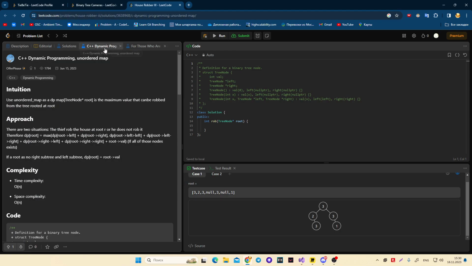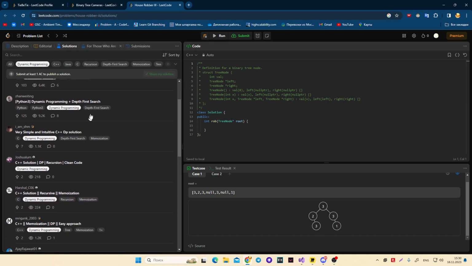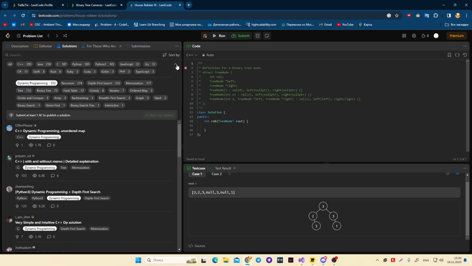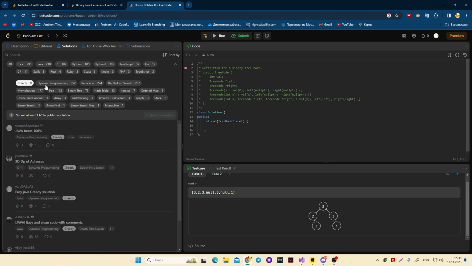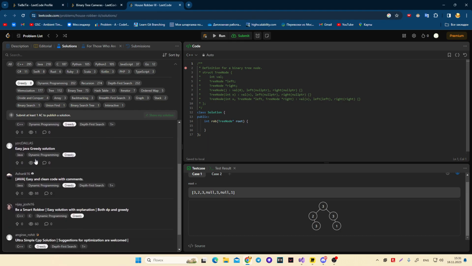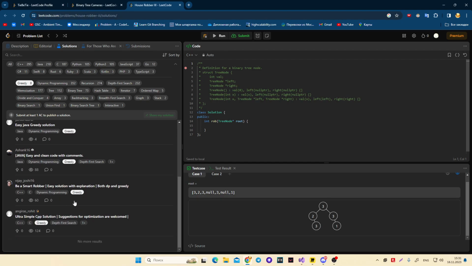Okay, I'm very happy that my solution works. The greedy algorithm works too. Where is greedy? In C++.